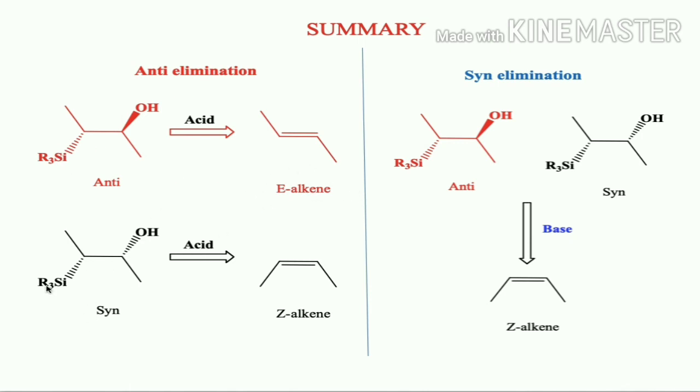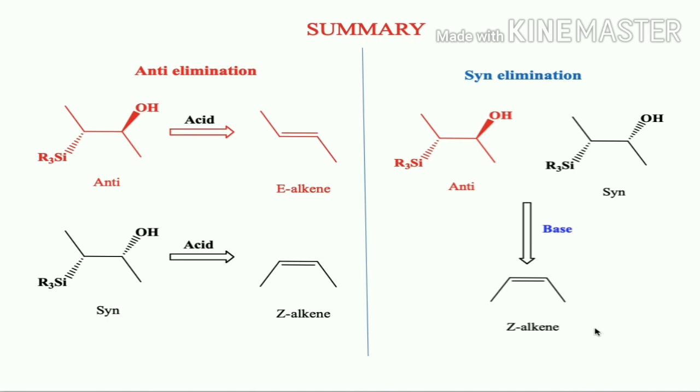If the silyl and OH group are syn to each other, then we are going to get Z-alkene, and in the presence of acid, it proceeds through an anti-periplanar transition state. If you come to syn elimination, both anti and syn diastereomers are going to form the syn periplanar transition state, and they will show syn elimination to give Z-alkene.